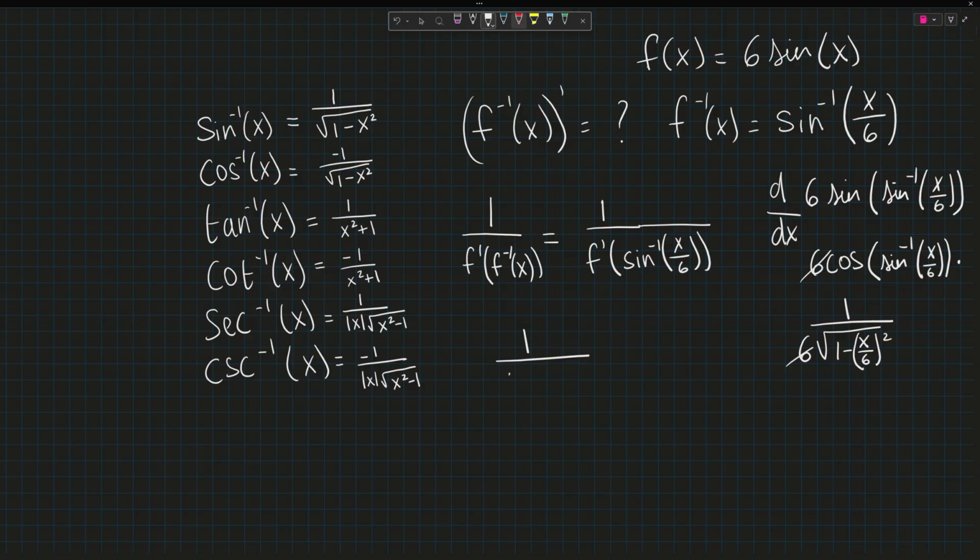So basically your answer is going to be this very complicated version right here, and I put the square root on top, 1 minus x over 6 squared. I think I put that right. But it's basically the same thing, and I don't know why you would ever do this on a test, unless you're just trying to explore in your free time.